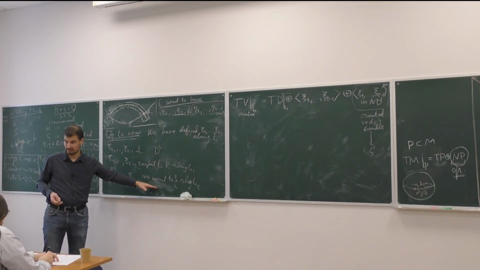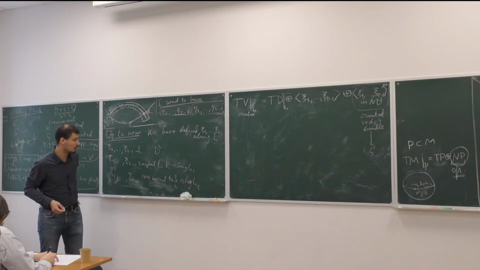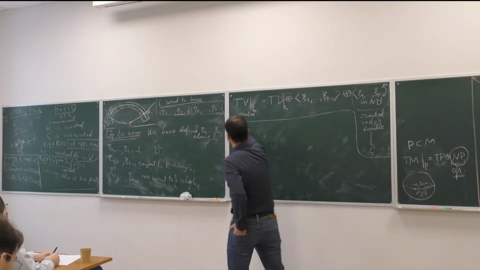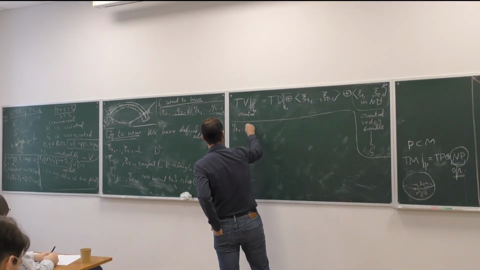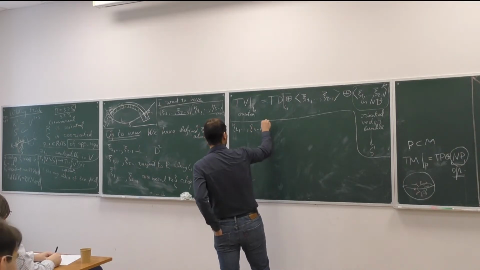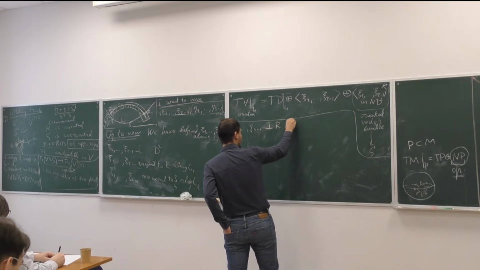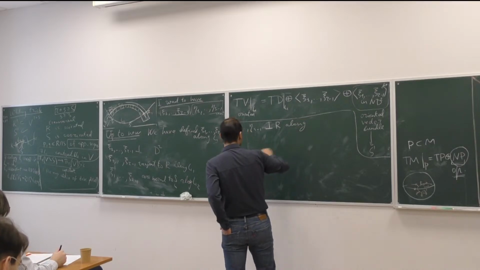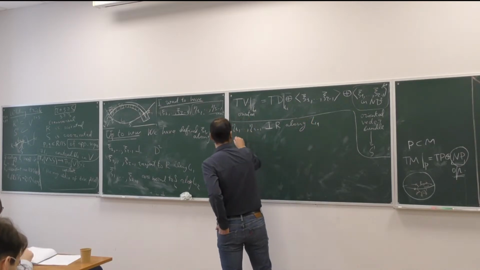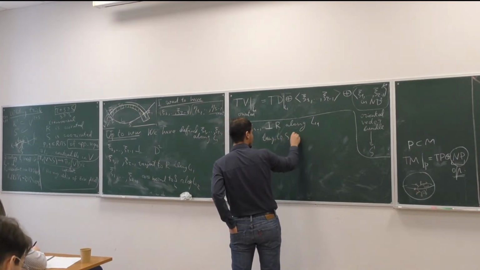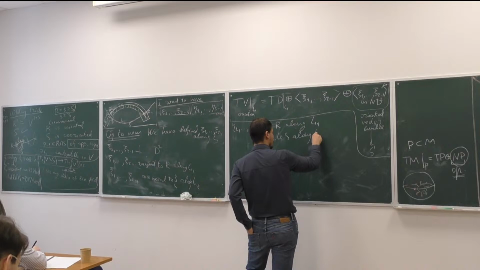Since this one, the C is orthogonal. So we immediately get the frame at S minus 1. They are normal to R along A1, and they are tangent to S along A2.